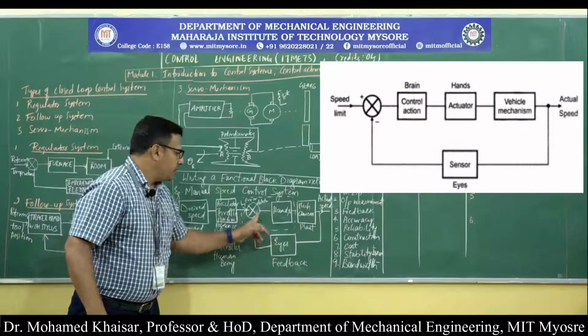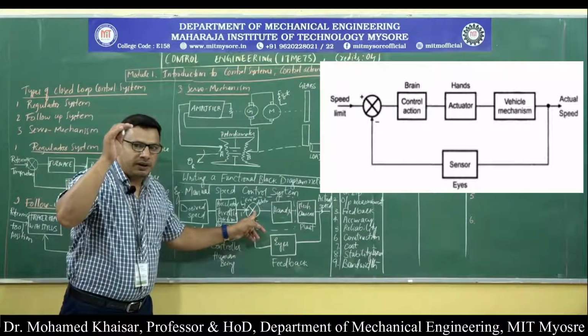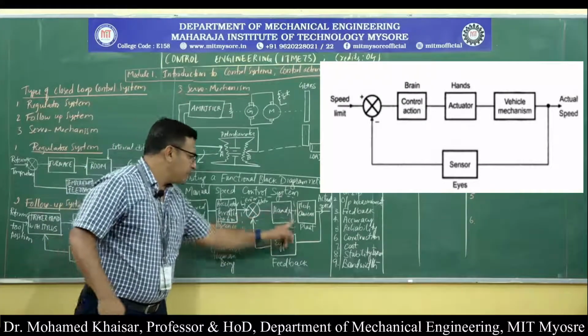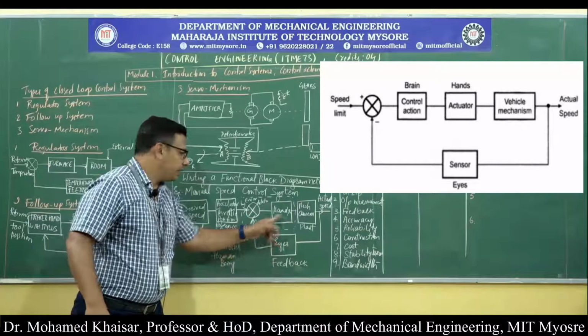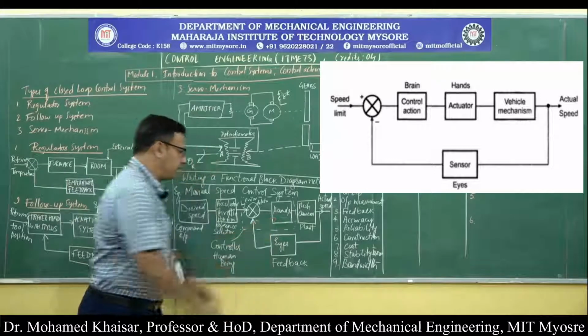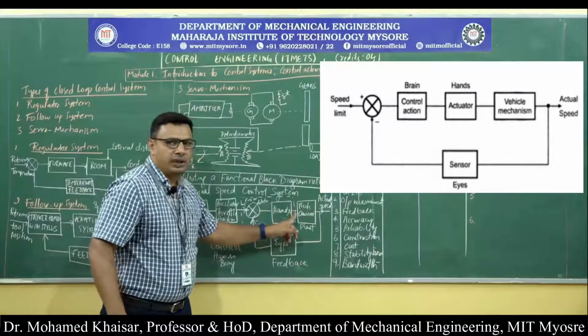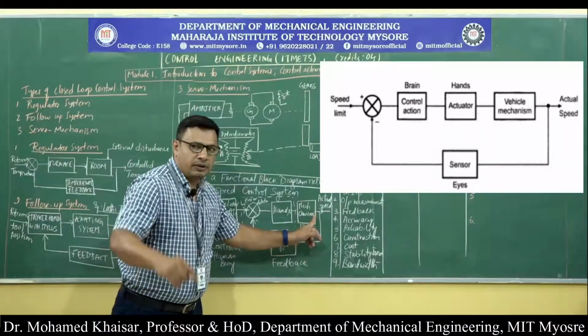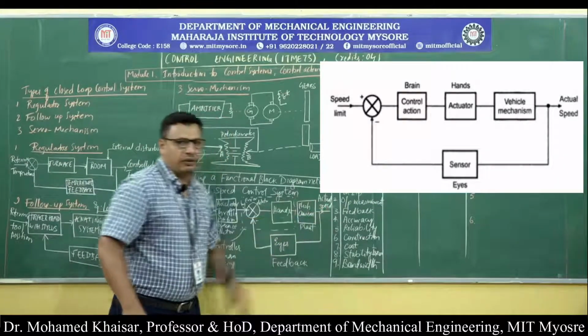Whatever signal the human brain calculates is implemented through the hands. That is the actuating mechanism. This sends a signal to the mechanism, that is the acceleration system, and what you ultimately get as the output is the actual speed.